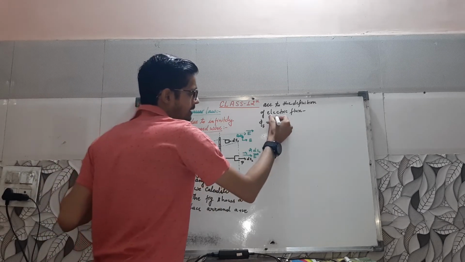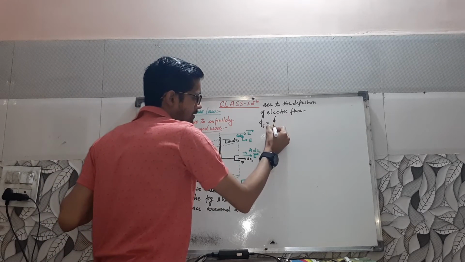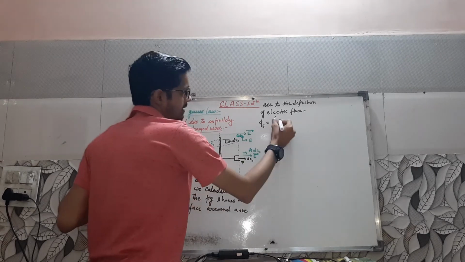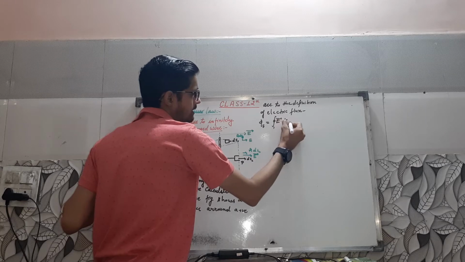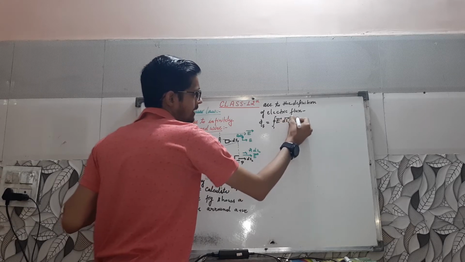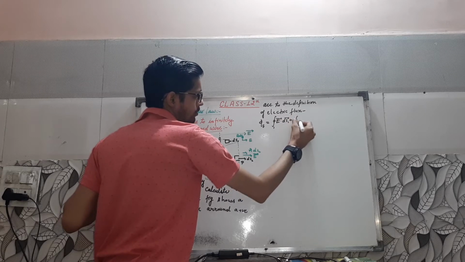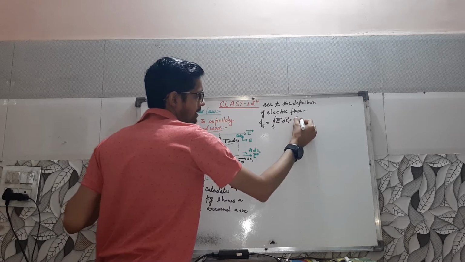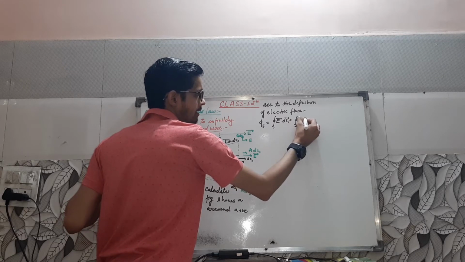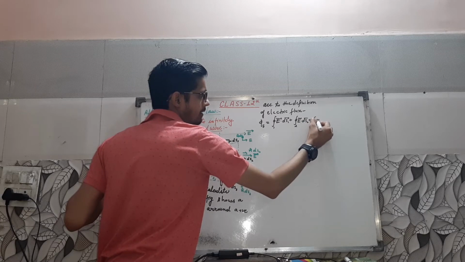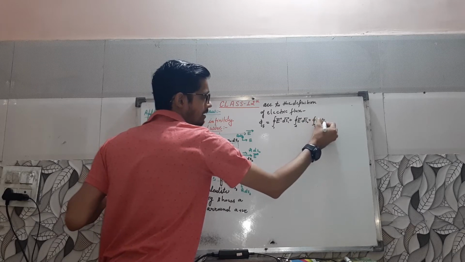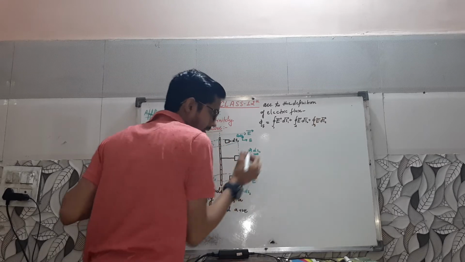So the integral over surface 1 of E dot ds1, plus integral over surface 2 of E dot ds2, plus integral over surface 3 of E dot ds3.